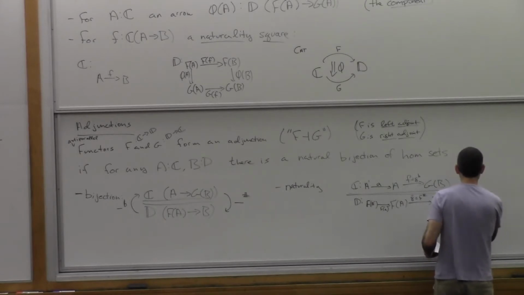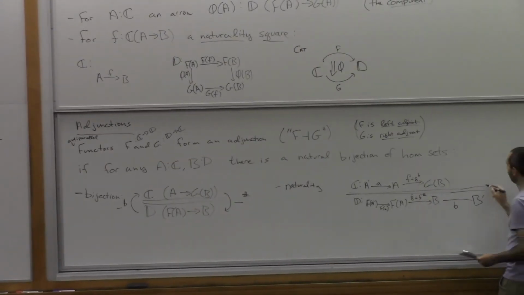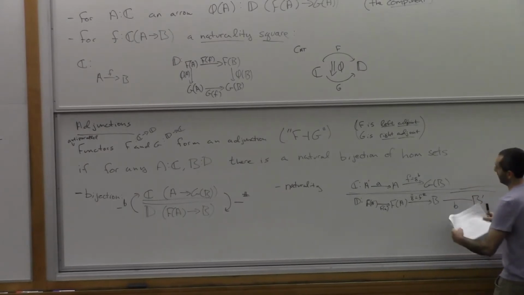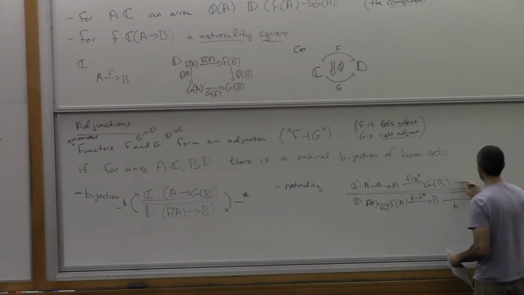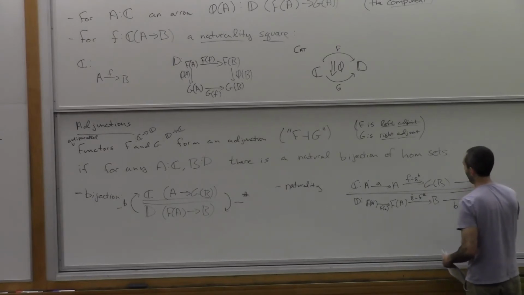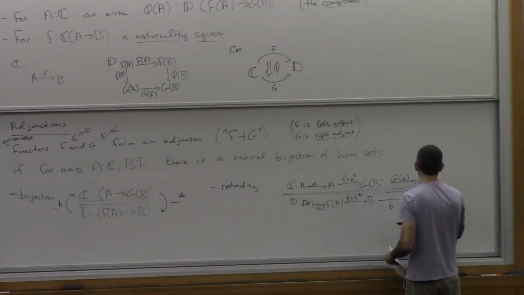If I have an arrow little b going from B to B prime in the category D, and so F and G are still in bijection, then I can extend the bijection by doing here G of little b to G of B prime.